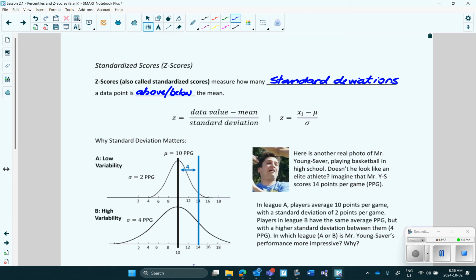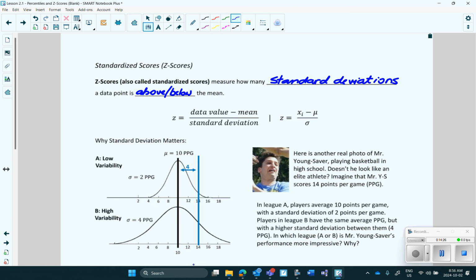And to do that, we take whatever the data value is, we subtract the mean of the distribution, and then we divide by the standard deviation. That tells us how many standard deviations a data value is above or below. If it's above, the Z score is going to be positive. If it's below, the Z score is going to be negative.